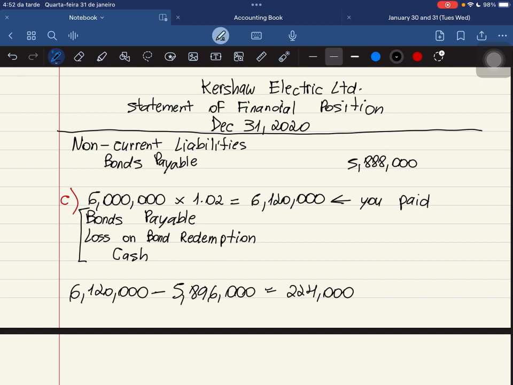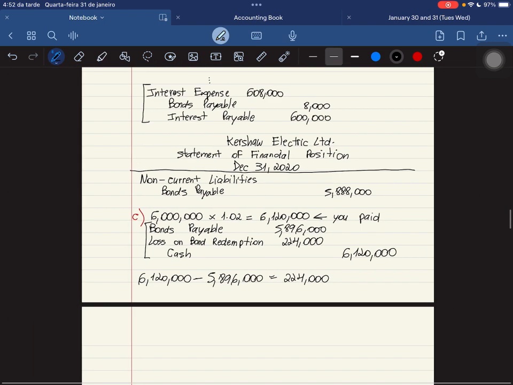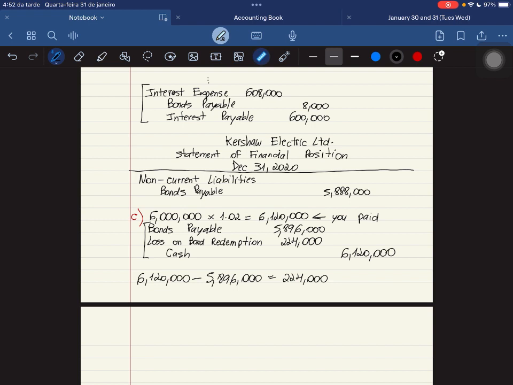And the bonds payable, that would be the amount that was the original current book value. Let me put this over here. Okay, and the total amount, because that's the amount that you actually paid in cash to buy back these bonds, right?